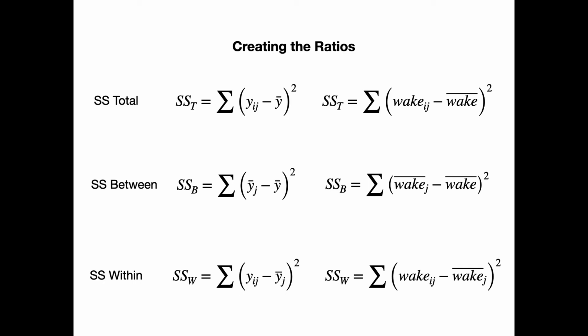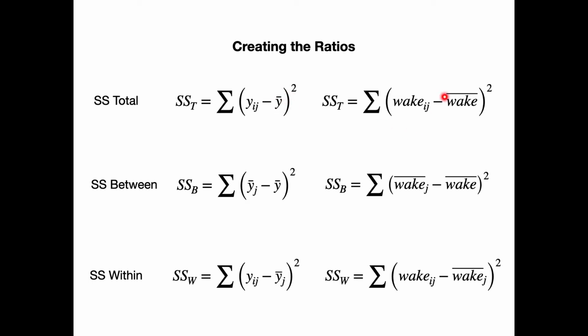To create the sum of squares total, we're going to take the outcome variable. So this is Yij. This means the observation on the outcome for person i in condition j. To get the total, you're just looking at how all the individual observations vary around the overall mean, the average.